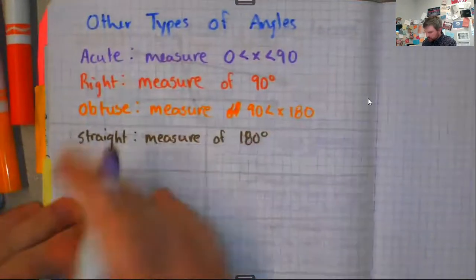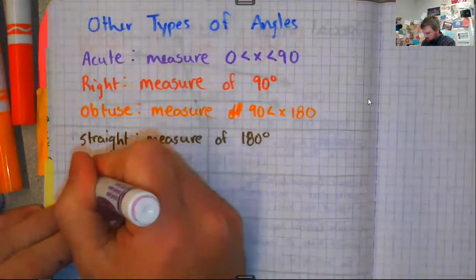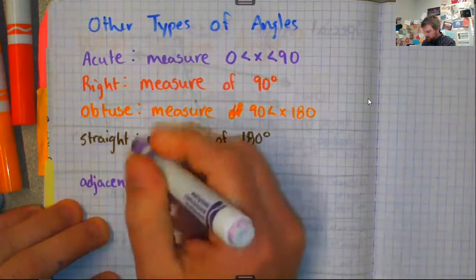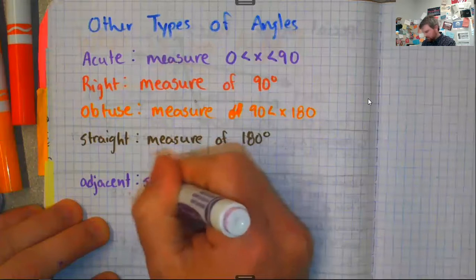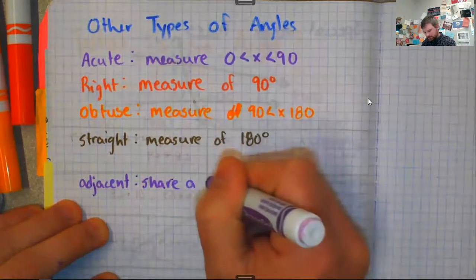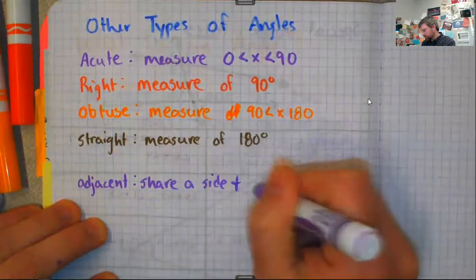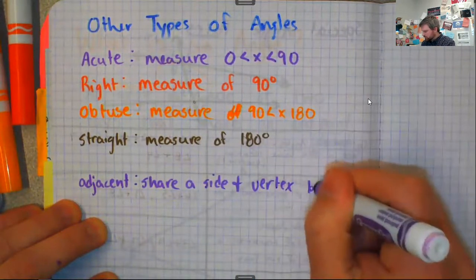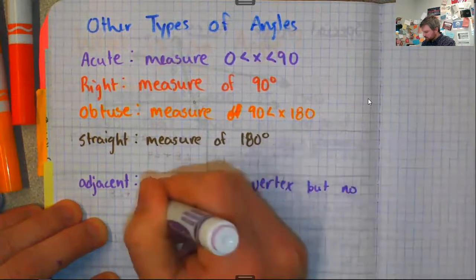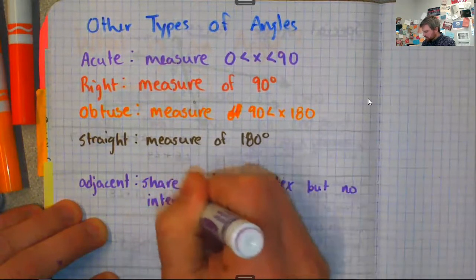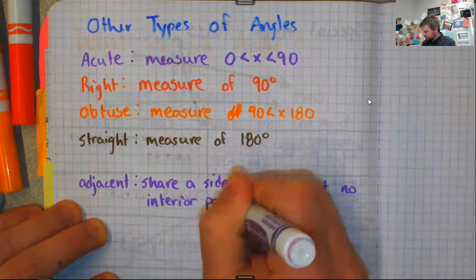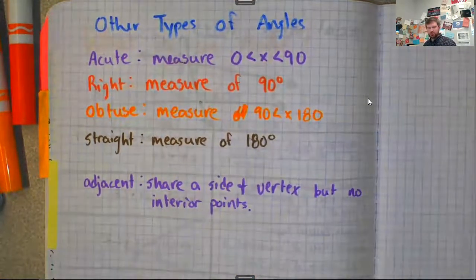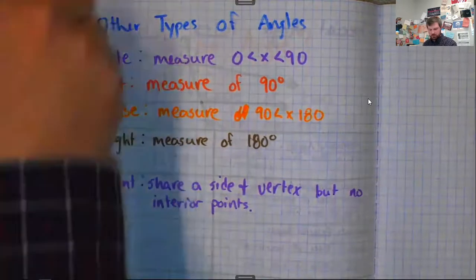So the next one we have are adjacent. Adjacent angles share a side and a vertex, but no interior points, which I'll go through and draw examples here of everything once we get the definitions down.